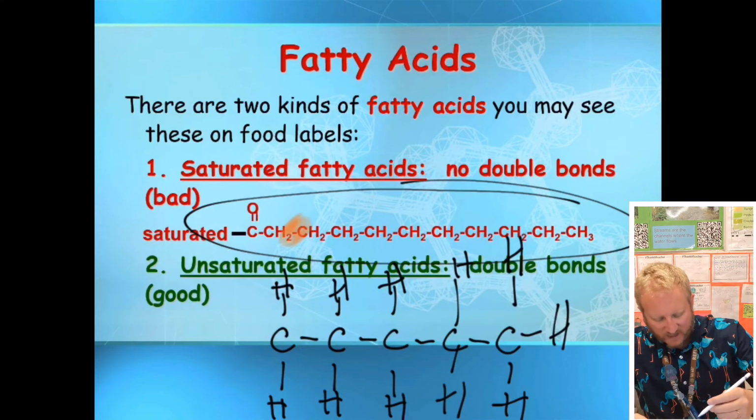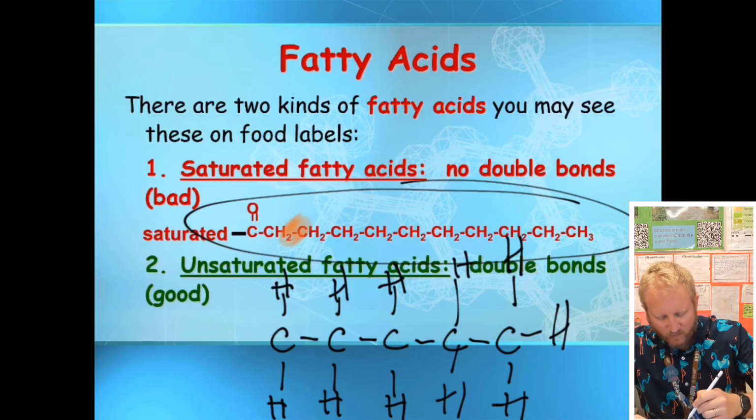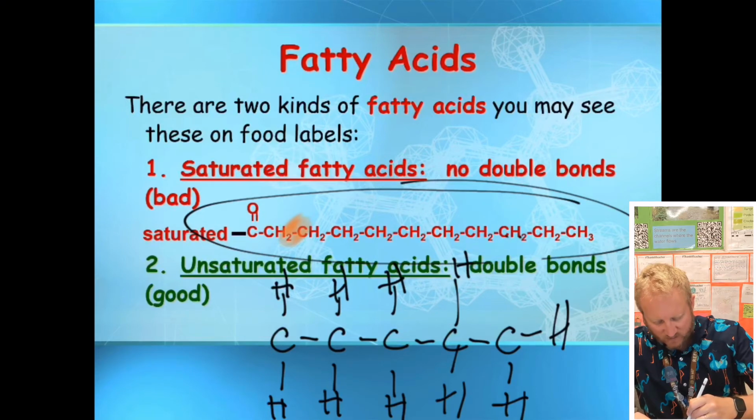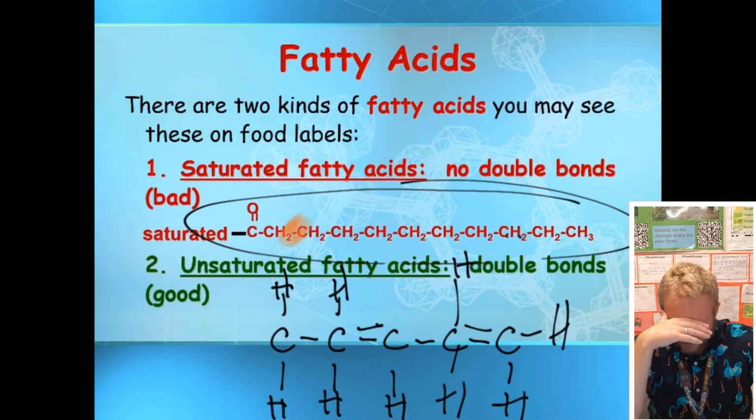Unsaturated then is I remove some of those hydrogens and replace them with double bonds. So let me get rid of some of those hydrogens, and then I'm going to put double bonds in here for those hydrogens.